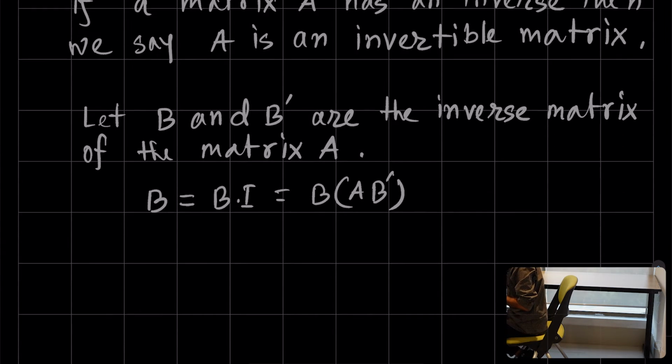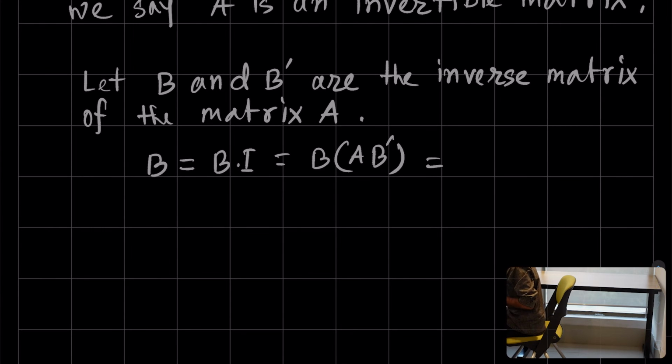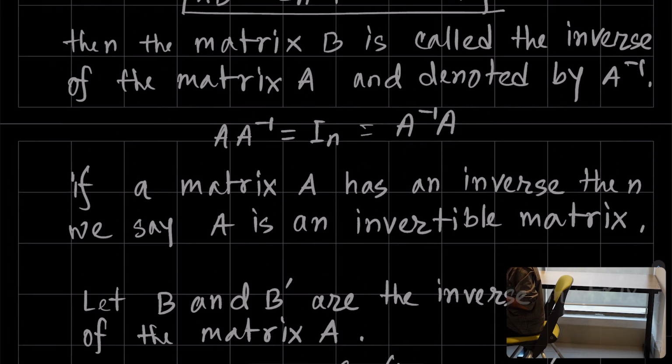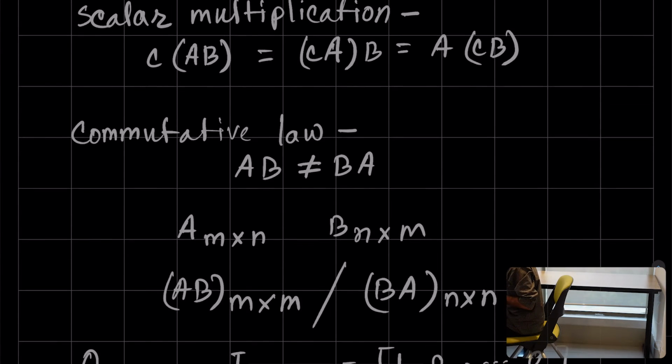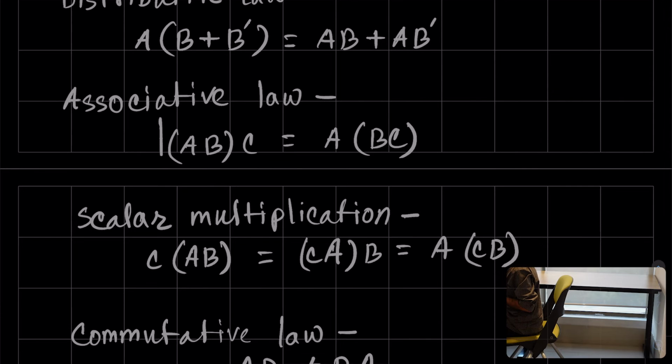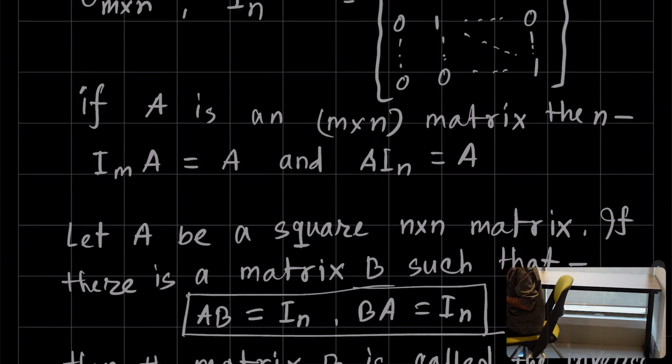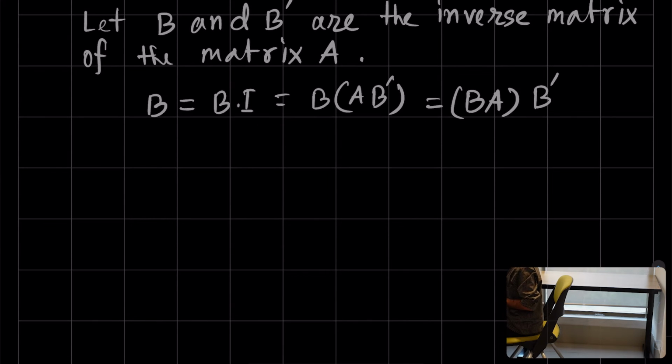Okay. So by using the associative law, I can write B A with B prime, right? So here I used the associative law.